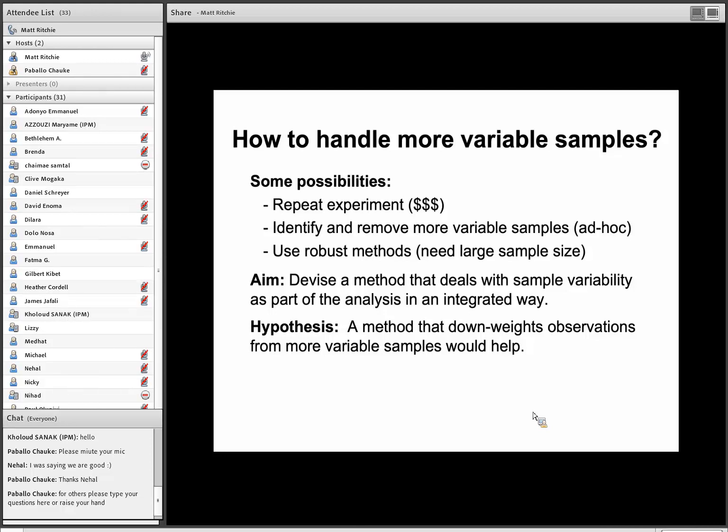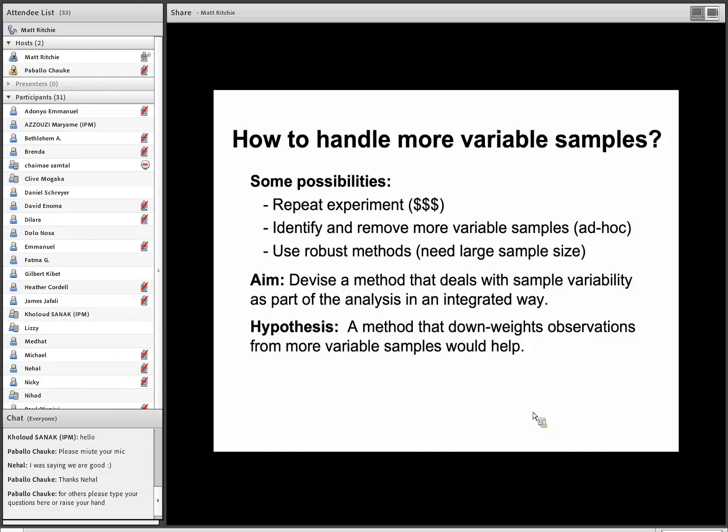And the third would be if you had a large sample size, which we don't, we only have 6 samples, you could think of using a robust method. And with this setup, basically, you're going to use the residuals that you get to identify the outliers and then downweight those in the analysis systematically. But typically, we don't have a large sample size in a lot of RNA-seq experiments.